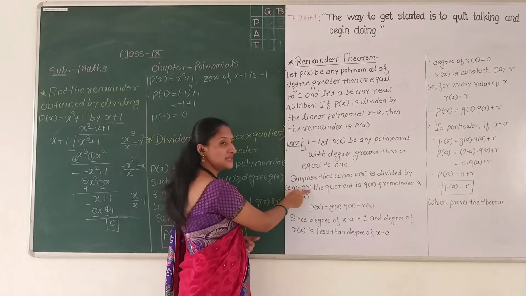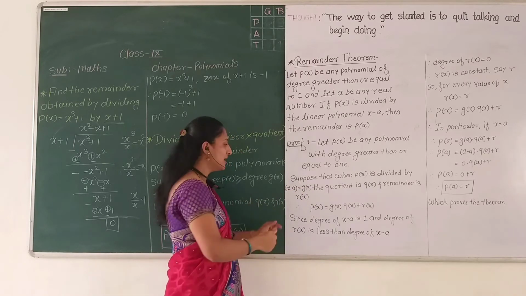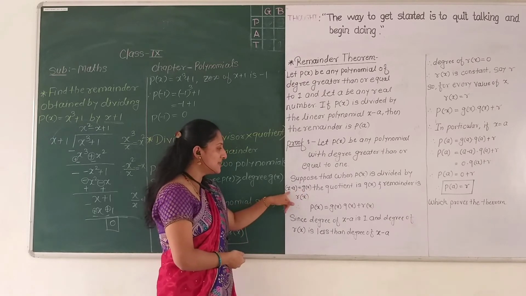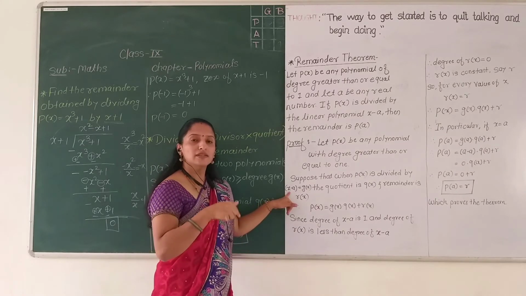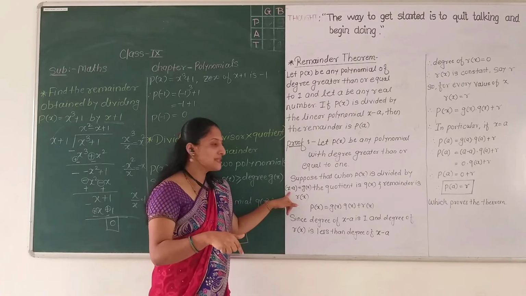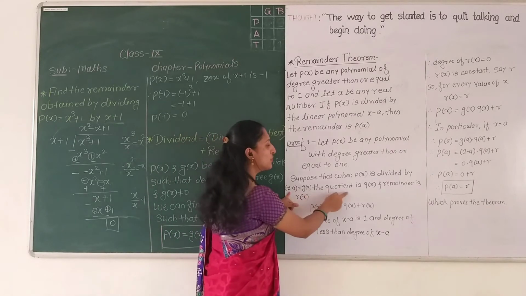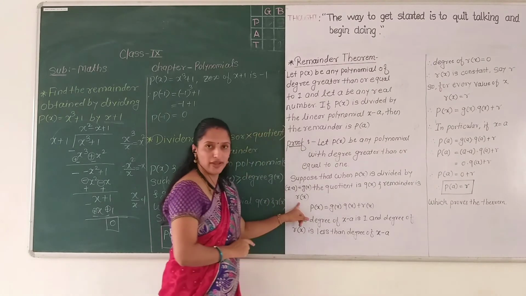Here g of x is our divisor. So when we divide the polynomial P of x by the polynomial g of x, we get the quotient q of x and the remainder r of x.